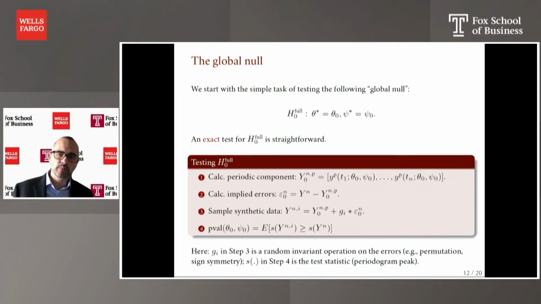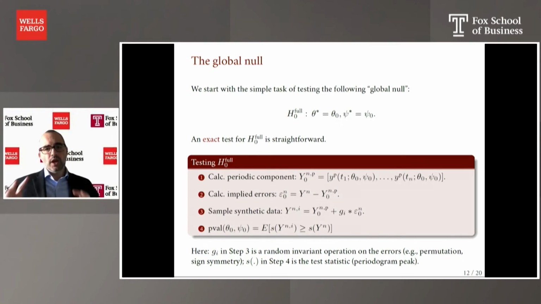Not necessarily normality, but you could assume, for instance, that the errors are sign symmetric. Not even exchangeable, just sign symmetric, right? It means that if you change their signs, they have the same distribution, or sign invariant. So you take these errors and flip their signs at random, essentially. Now you have a new set of errors. You add them into the original periodic component, and now you have a new data set.